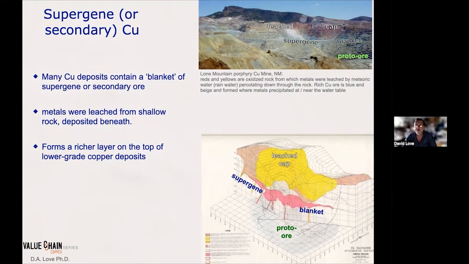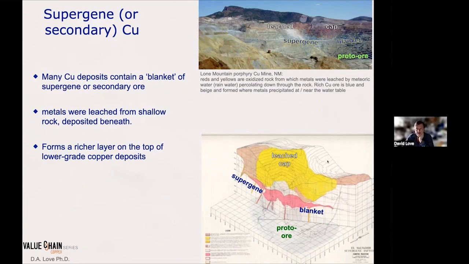The rocks above the copper ore have been leached and are reddish to yellow. The supergene blanket is green and blue to black with copper. We call them oxide minerals. And down below, there's some proto ore, copper sulfides, just like porphyry copper ore.